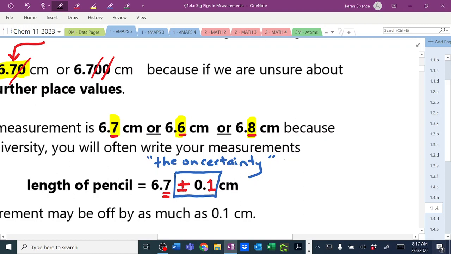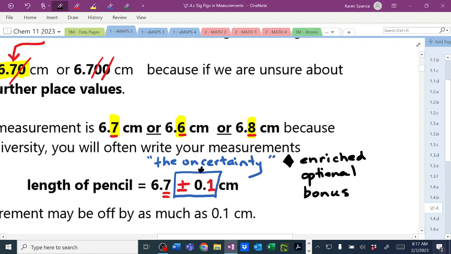Now, actually writing the uncertainty in your measurement is a black diamond activity. And if you've forgotten what a black diamond is, that means it is enriched, which means that writing the uncertainty is optional. If you write the uncertainty on a quiz or a test, you will get a bonus.